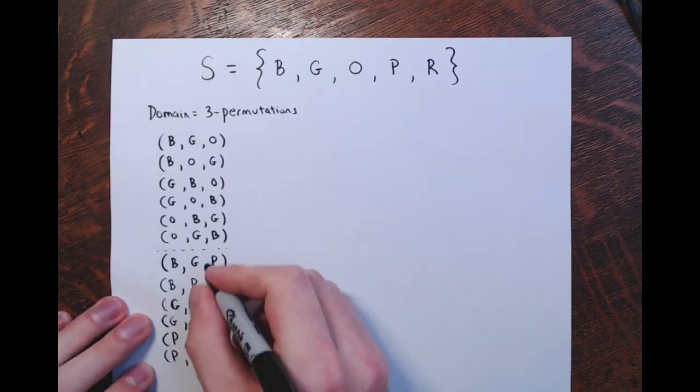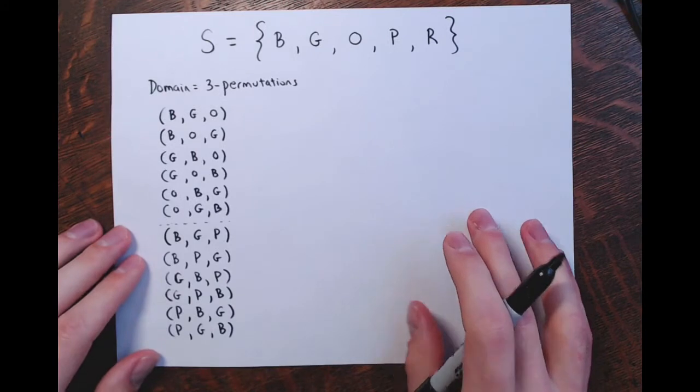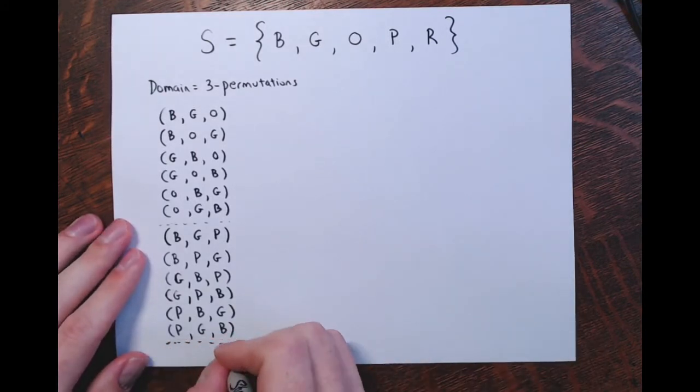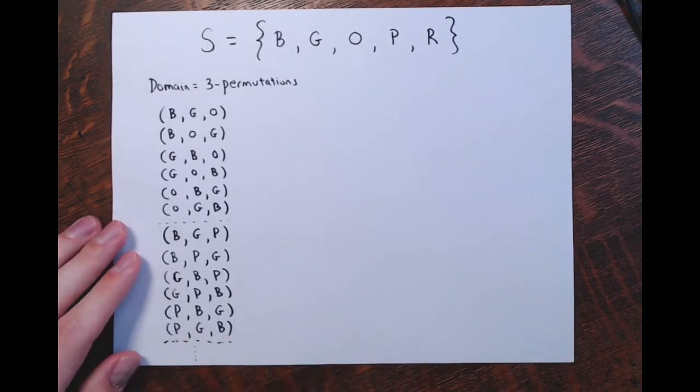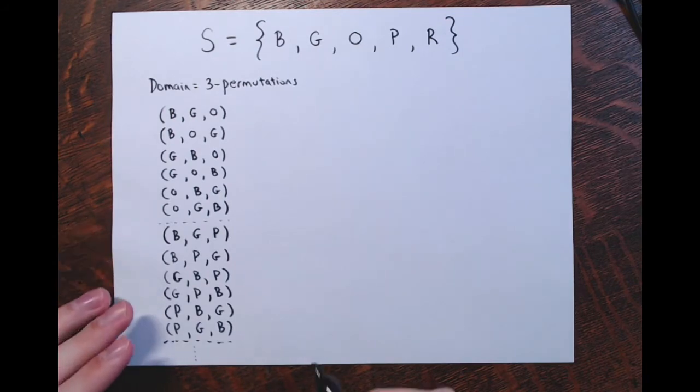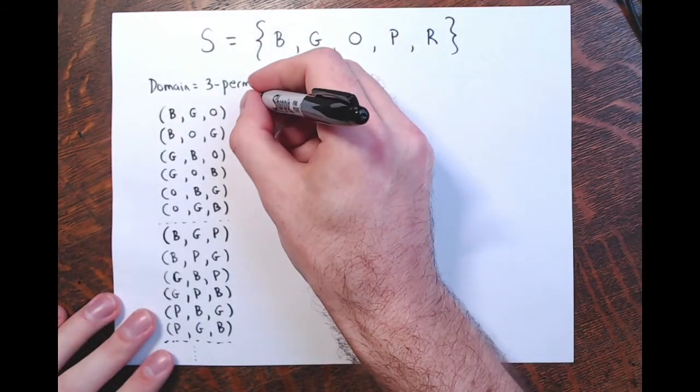Right? 6 ways of rearranging B, G, and P. And again, I'm just breaking these up into groups of 6, and so on.